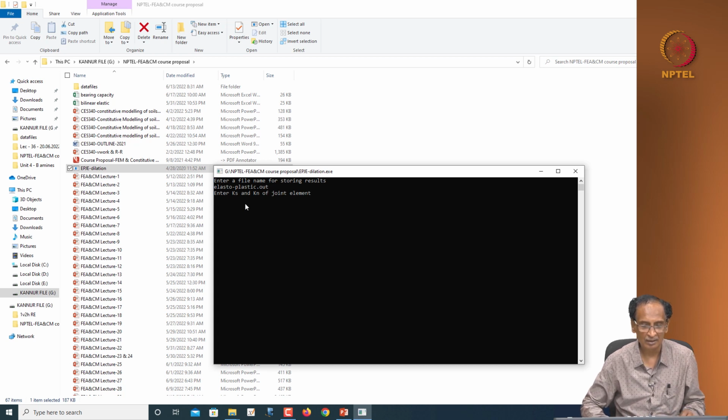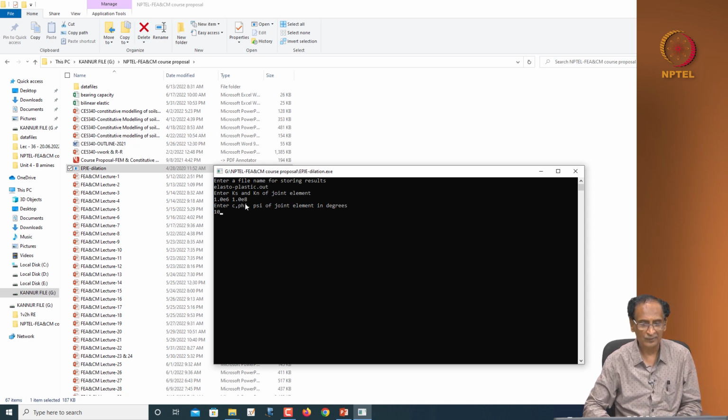And Ks and Kn, say 1.0 E6, and you can separate out the values either with a space or a comma, and C and phi and psi.